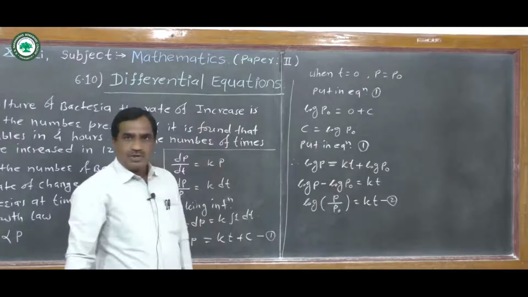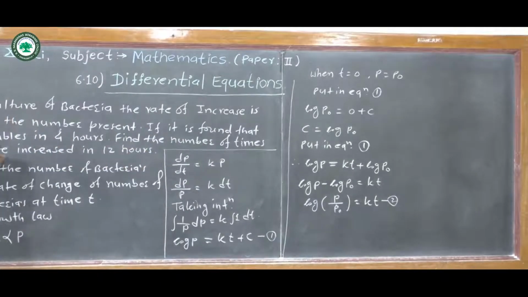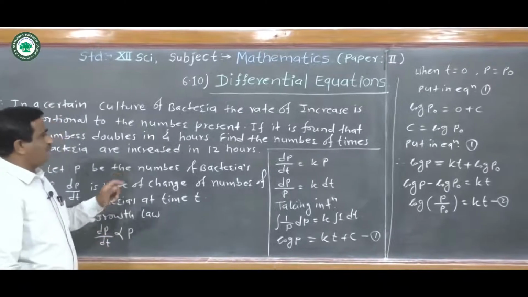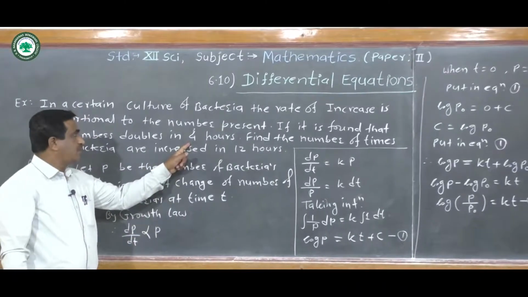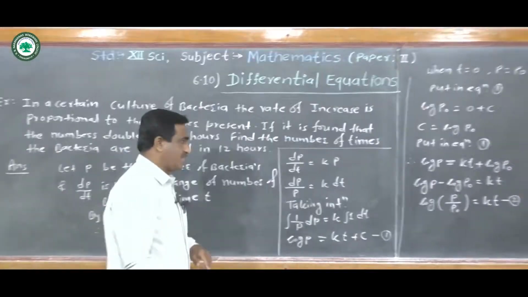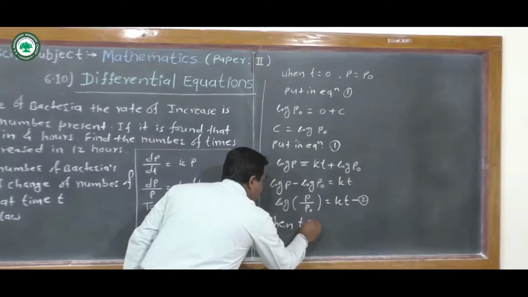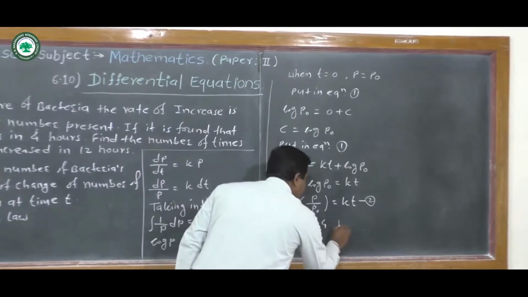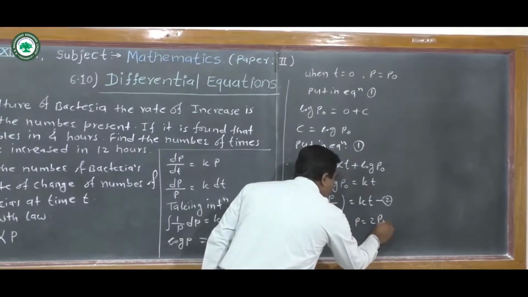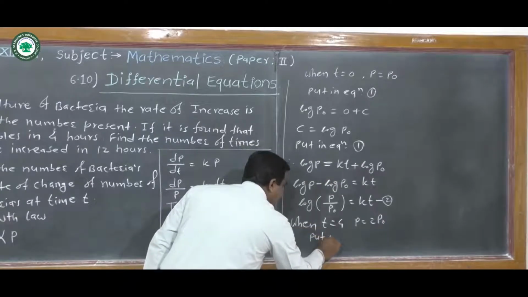Now we use the second condition. The number of bacteria doubles in 4 hours, that is, when t is equal to 4, P is equal to 2P0. Put in equation second.